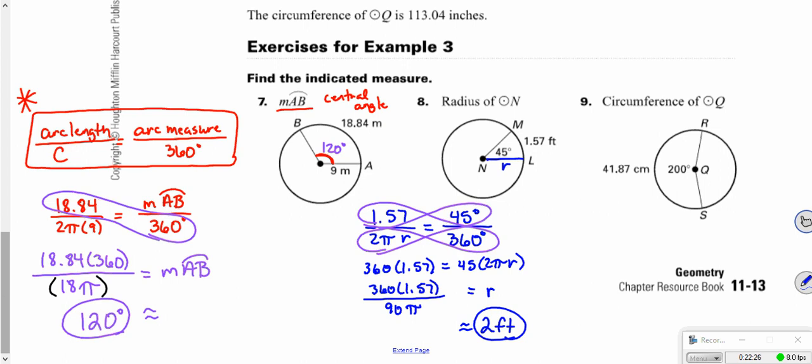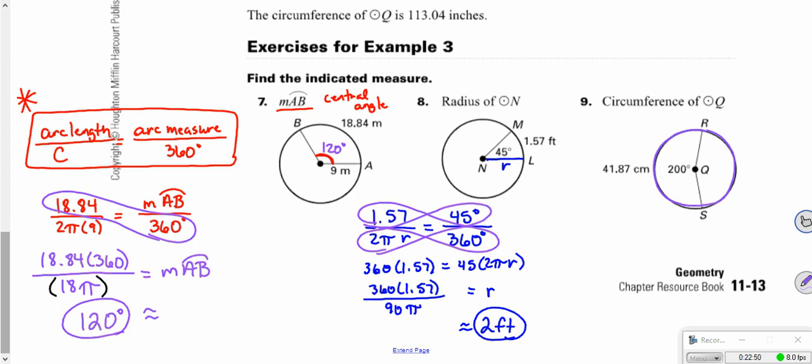Now we're trying to find circumference. So again, we're setting up our proportion, setting our two ratios equal to each other. We are trying to find the circumference of the whole circle, the whole distance around.